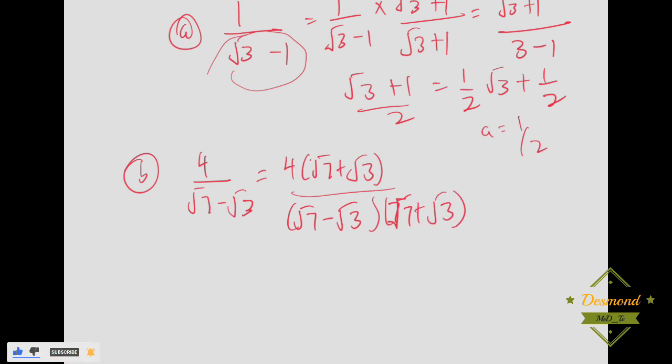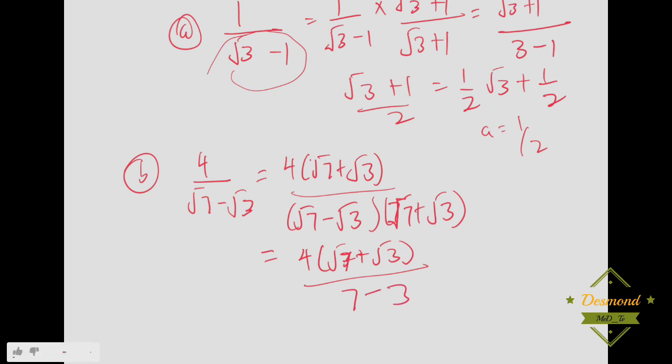And when you do it, you should get 4 multiplying root 7 plus root 3 on 7 minus 3. That's how you're supposed to get it.